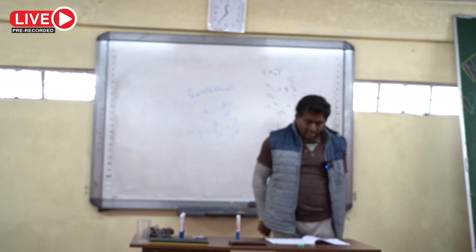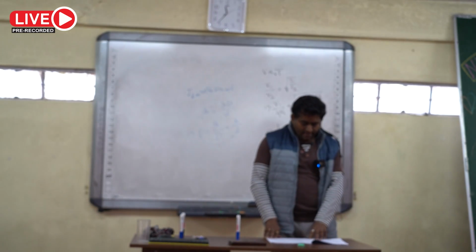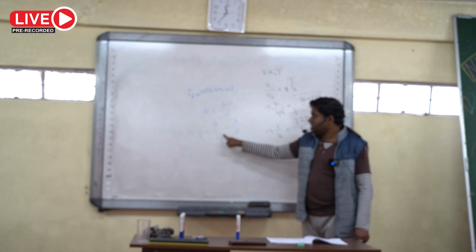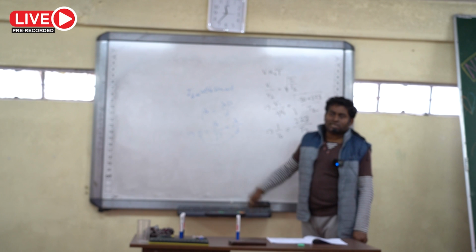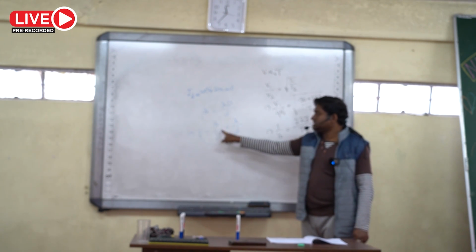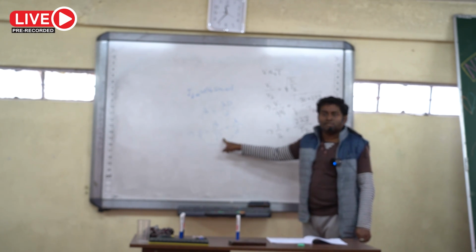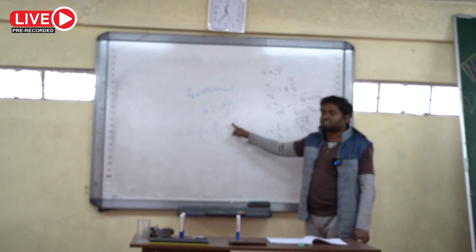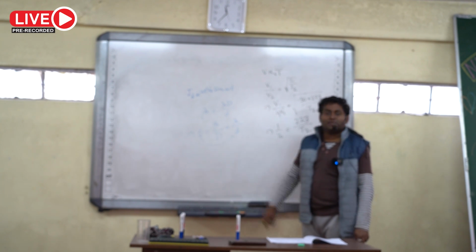Now come to statement 2. Now you can argue from this that beta by D is changing, so it is changing because beta is changing. Not only that, beta will change, D will also change. So that change will be cancelled, and as a result, since lambda by d is constant, angular separation remains constant.